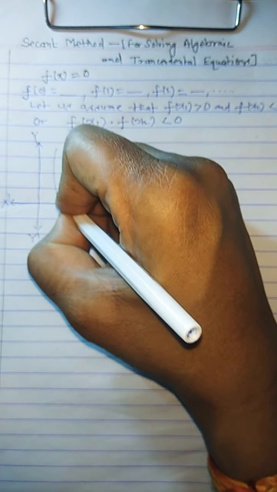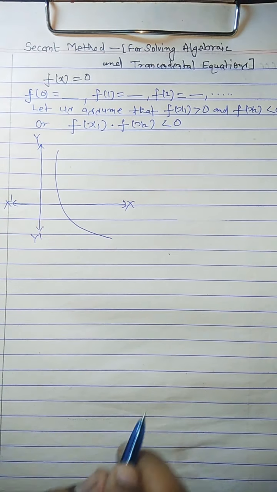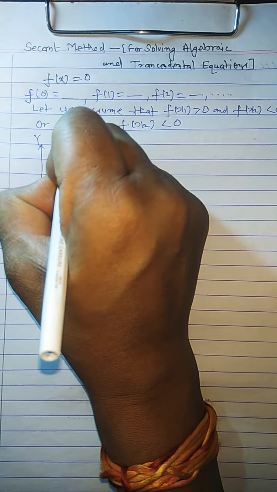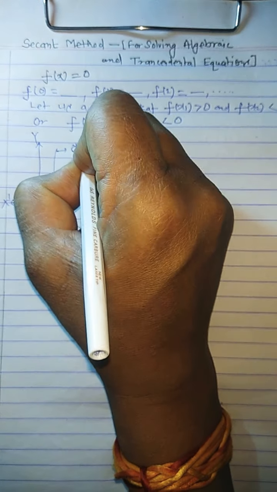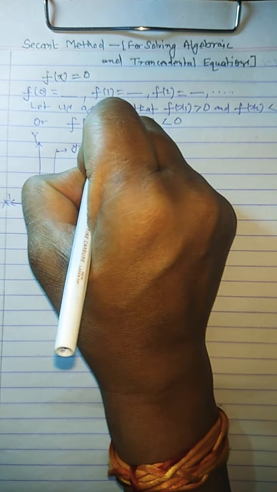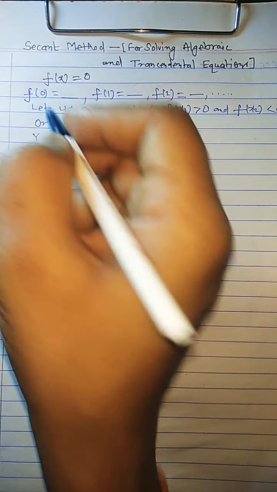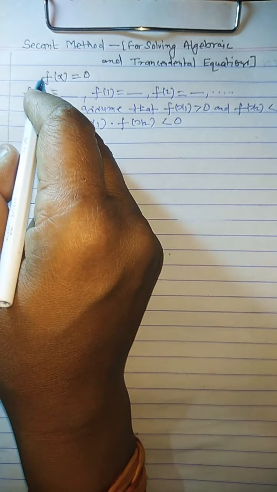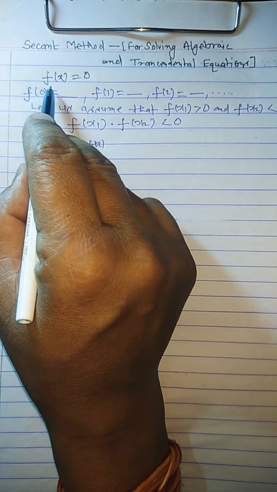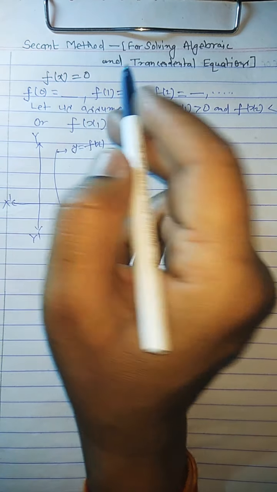Suppose this is the given function, y equal to f(x). Sometimes it is given in the form of a function, or sometimes in the form of the equation f(x) equal to 0.